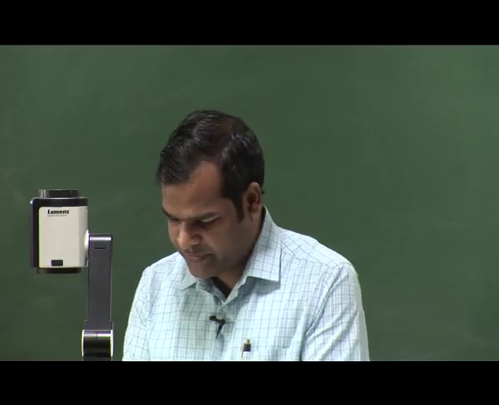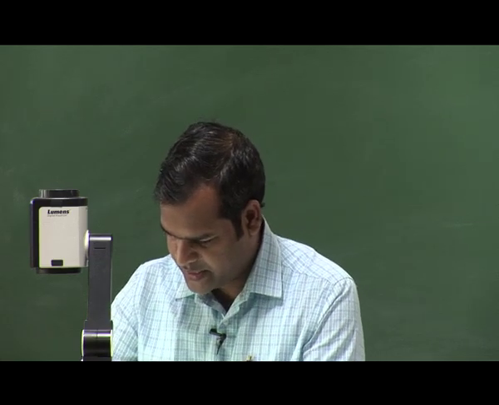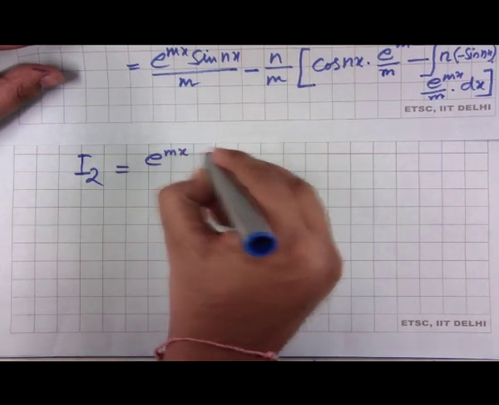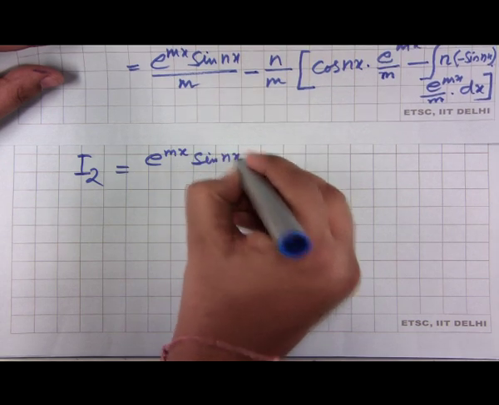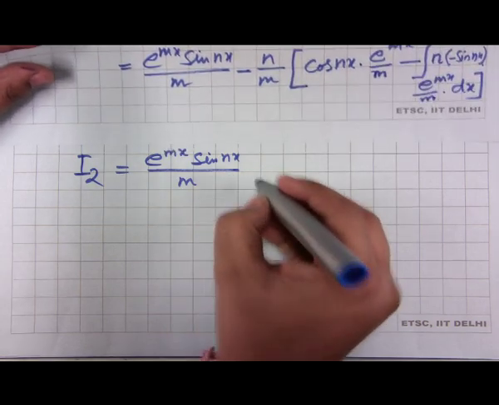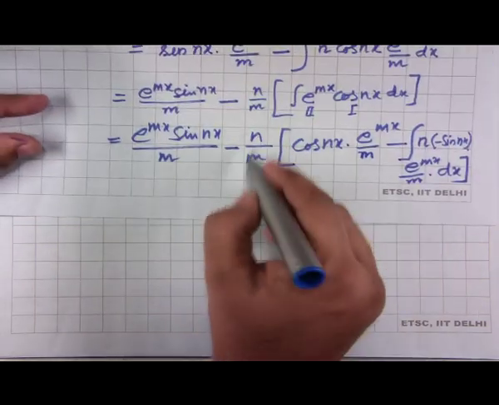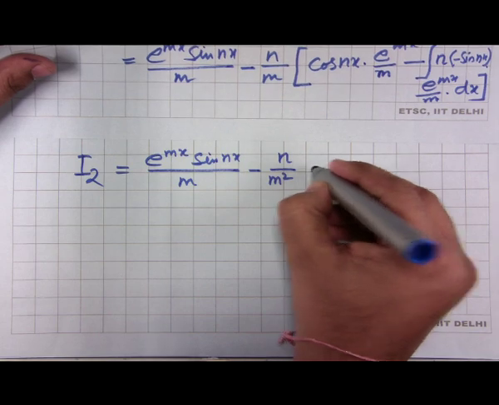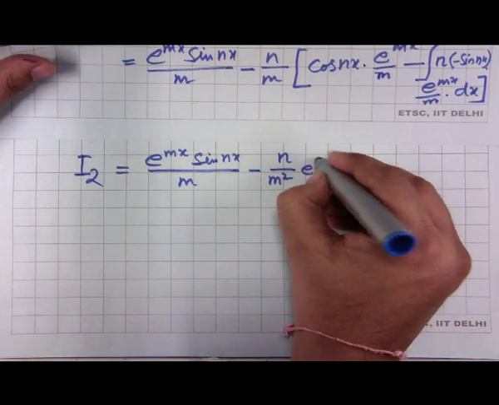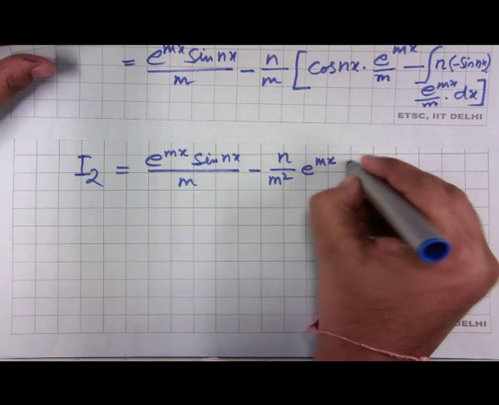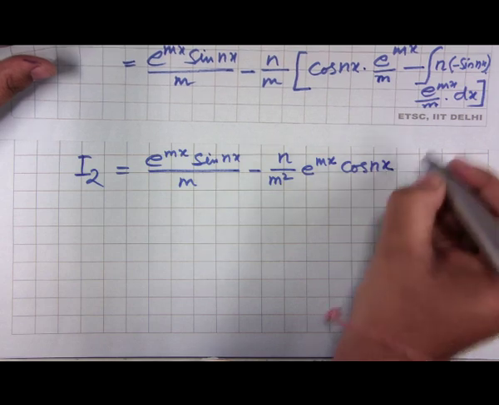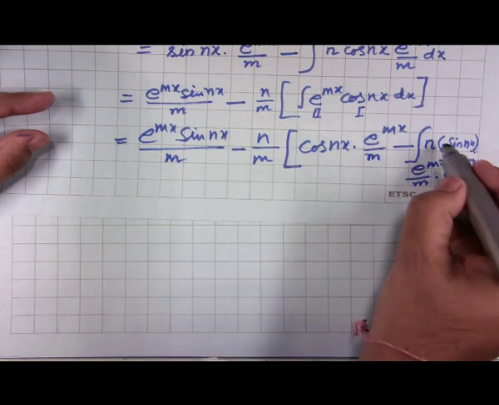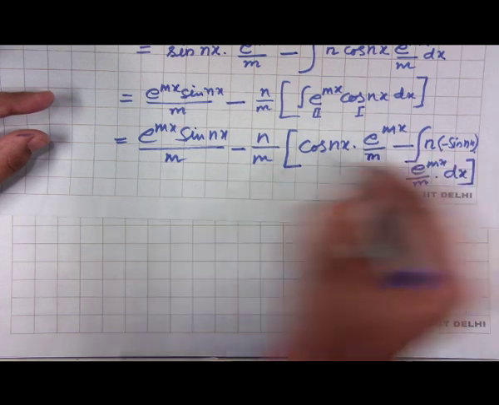So, when we simplify it further, what we will get is I2 equals e raised to power mx sin nx upon m minus, you can see n by m whole squared, e raised to power mx cos nx, then n by m multiplied by this n by m, this minus sign will make this sign plus, and then ultimately this minus sign will make.